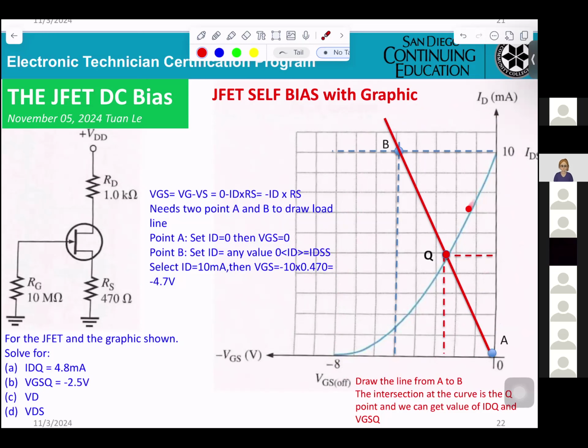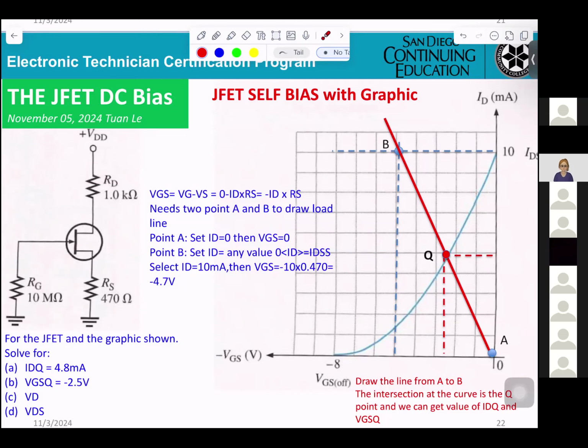That means they give you IDSS, VGS off. Now, you want to find the Q point right here. For the JFET and graphic shown, they want to know IDQ, that means the current ID right here. How can we do it?